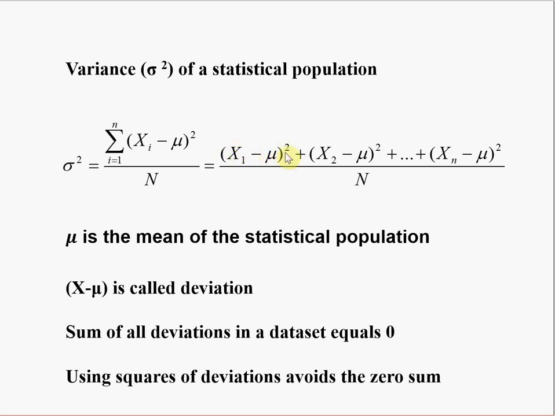This deviation, you need to square it. Then you find the sum of deviations for all cases in a data set. And this big sum is divided by the number of cases. Okay. So this is the formula we use to calculate the population variance.